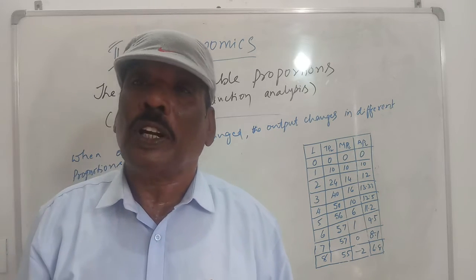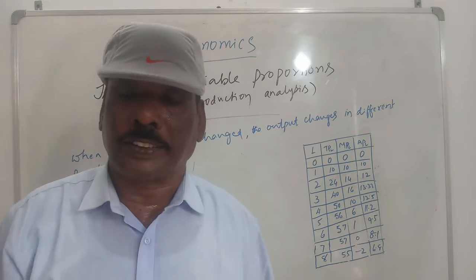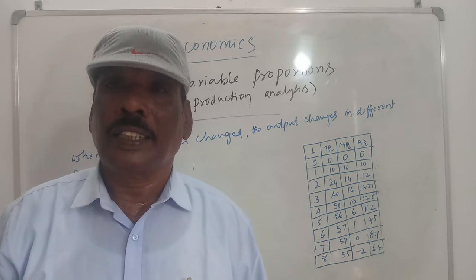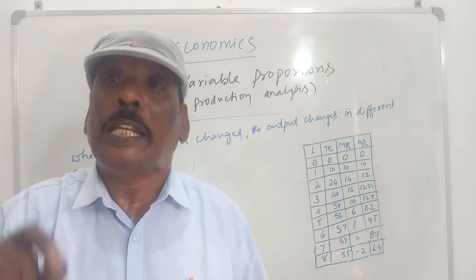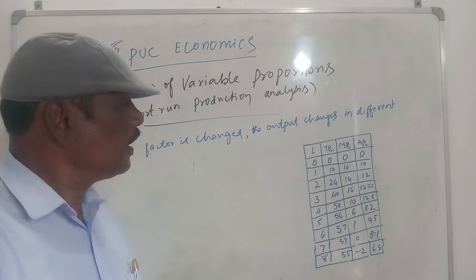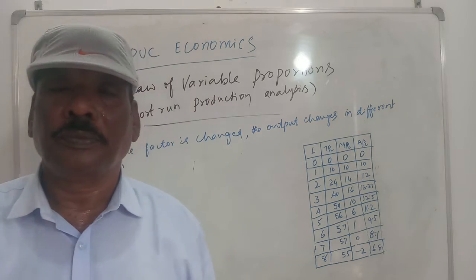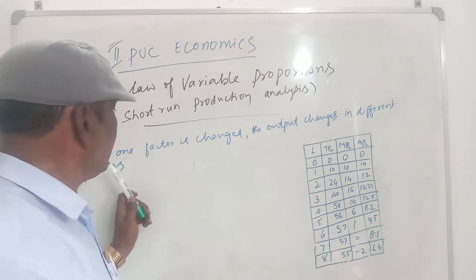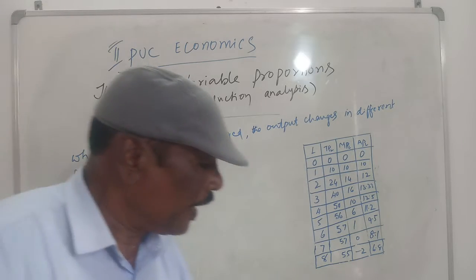And here you see what we see. Keeping the other factors constant, changing one factor, that is called variable factor. When one factor is changed, the output changes in different proportions.